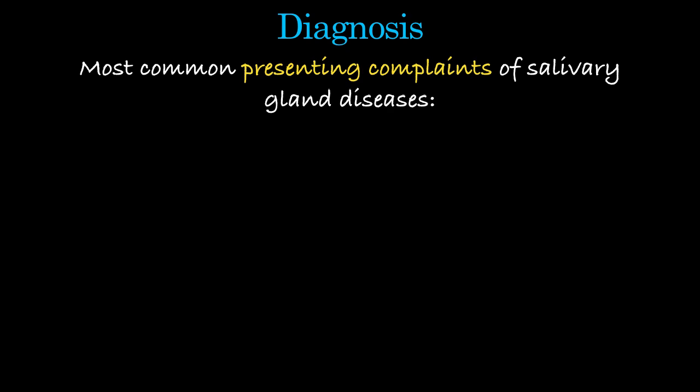Now, what if we have a patient complaining of some salivary gland disease? We will be moving step by step today, with all the items that you are used to record in your sheets, to reach a final diagnosis. We'll start with the complaint of the patients. What are the main complaints for patients having salivary gland diseases?